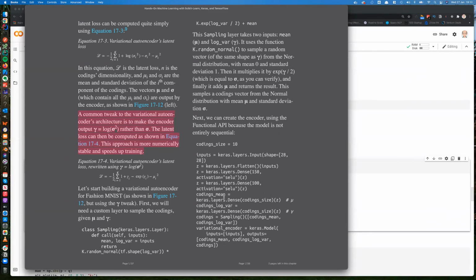So this is the bit I was confused by, because that's not a mean of anything, and that's not a standard deviation of anything, but somehow I guess it must be the loss function that's causing these things to behave as if they were mean and standard deviation, because there's no mention of mean and standard deviation anyway. So that's the bit I was confused about.